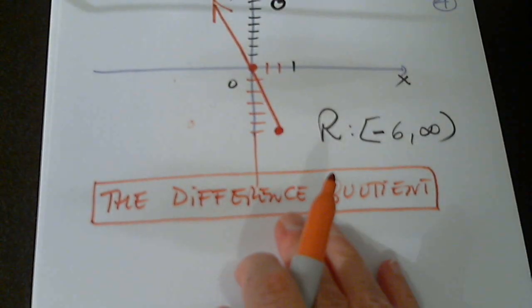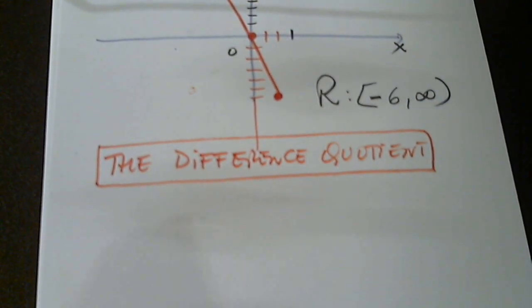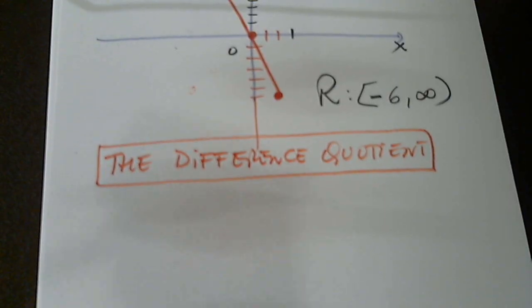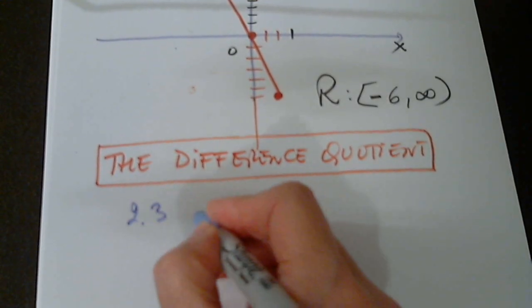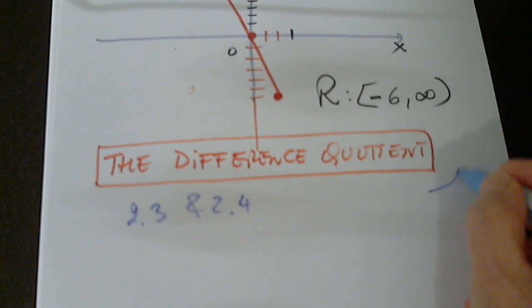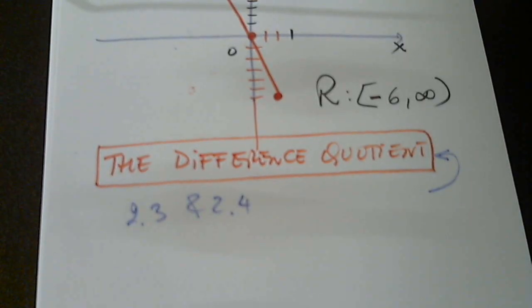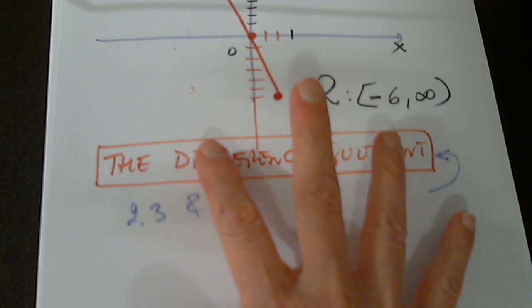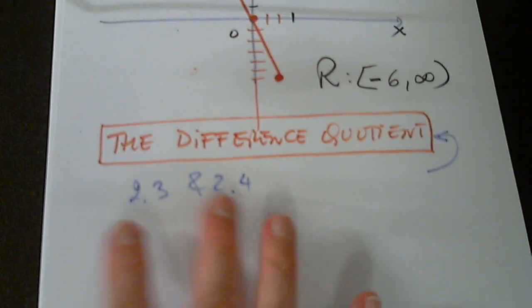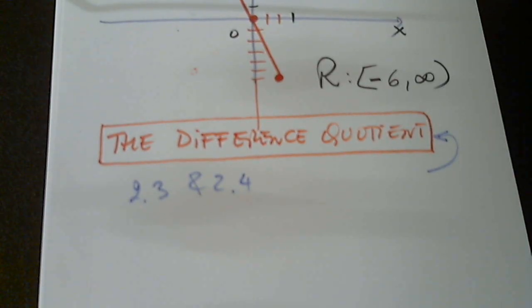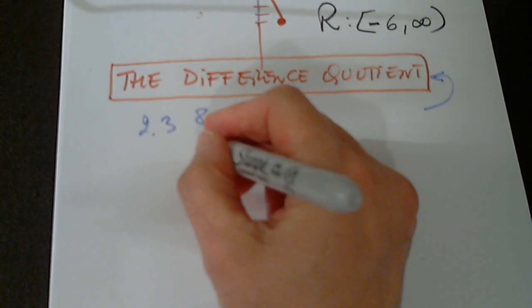But before, I need to present something else. I need to present 2.3 and 2.4, and then we'll come back and finish section 2.2. There is no point in presenting this before looking at 2.3 and 2.4. The order is incorrect. Okay, so in 2.3 and 2.4, we are talking about lines.